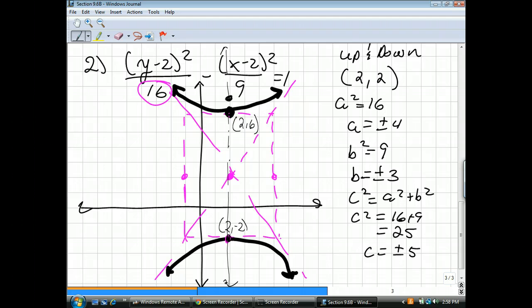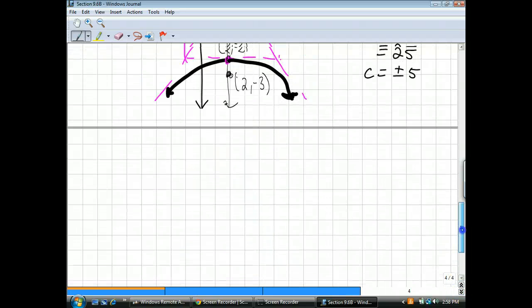Right there, which is at (2, 7) is the first focus, and 1, 2, 3, 4, 5, which is going to be at (2, -3) is the second focus. Okay, so that's the basics of graphing those.